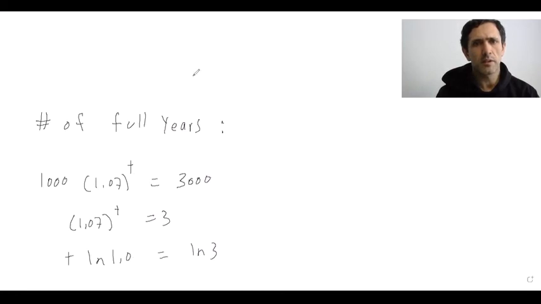So t is ln of 3 over ln of 1.07, and that's going to be equal to 16.24. Now what this tells me is the following.